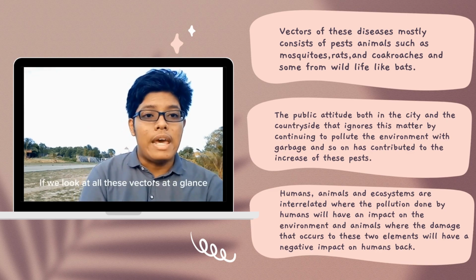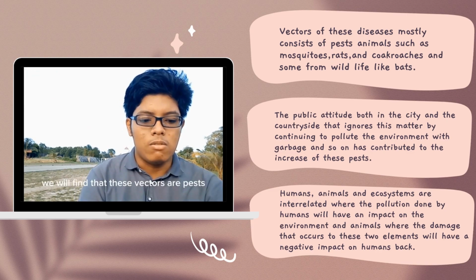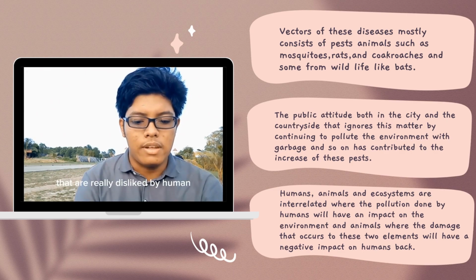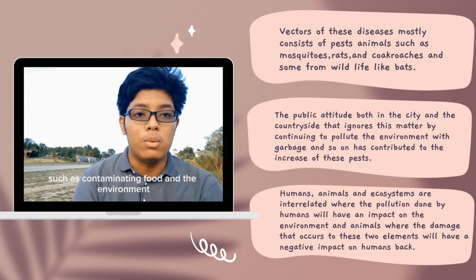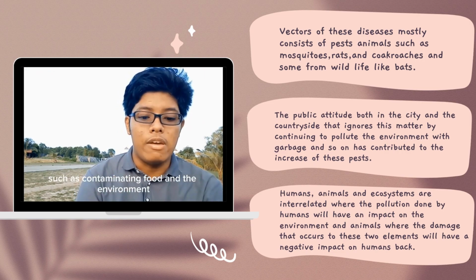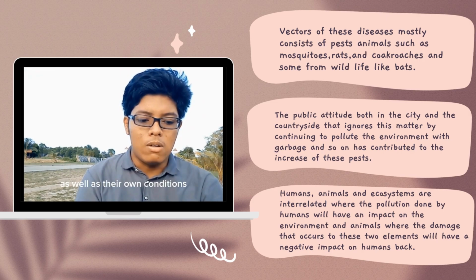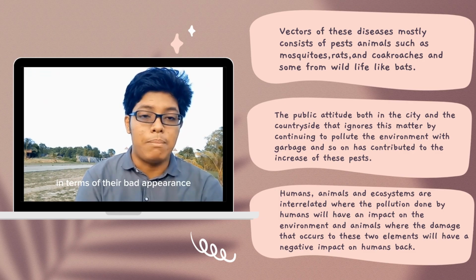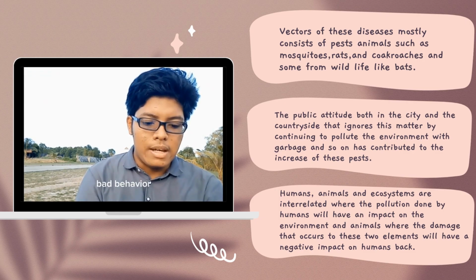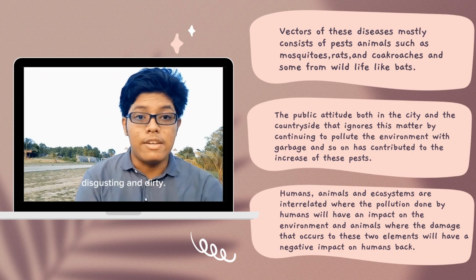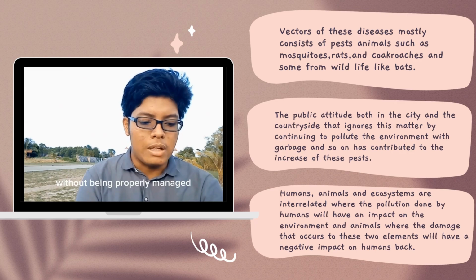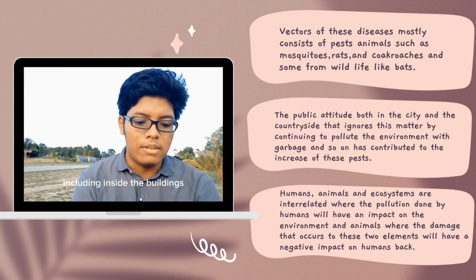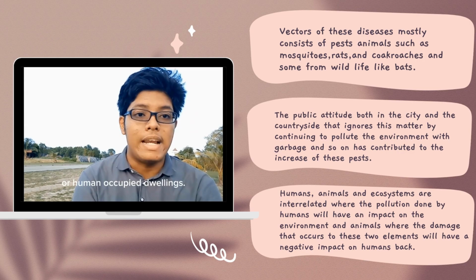If we look at all these vectors at a glance, we will find that they are pests really disliked by humans because of the hygiene problems they cause, such as contaminating food and the environment, as well as their own disgusting conditions in terms of their bad appearance or bad behavior, disgusting and dirty. They are naturally found in dirty and abandoned areas without proper management, including inside buildings or human-occupied dwellings.